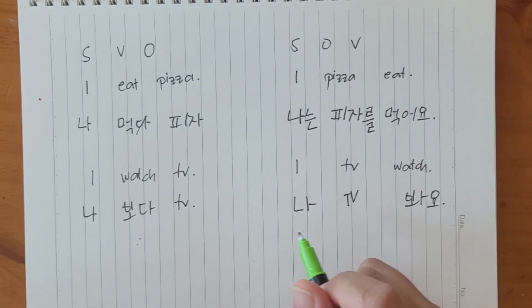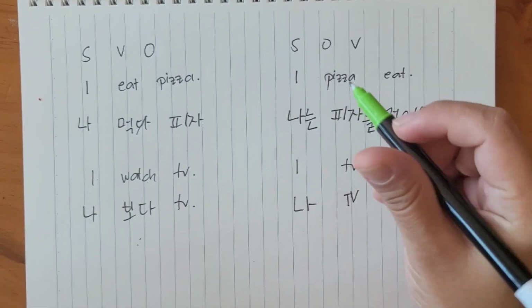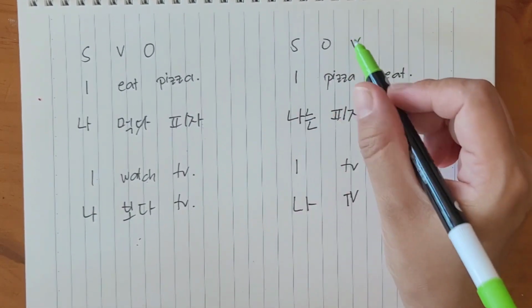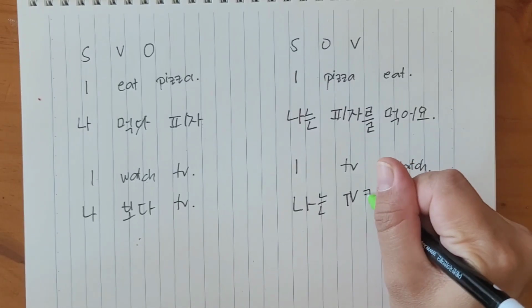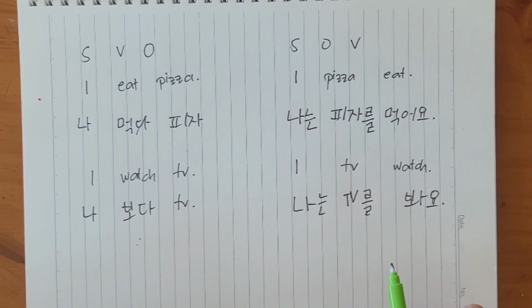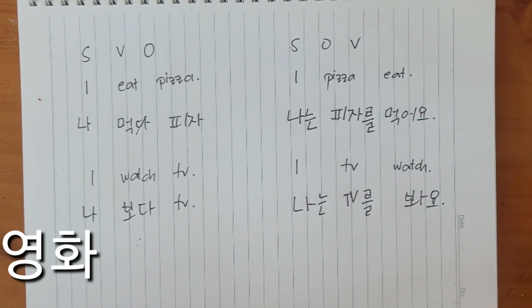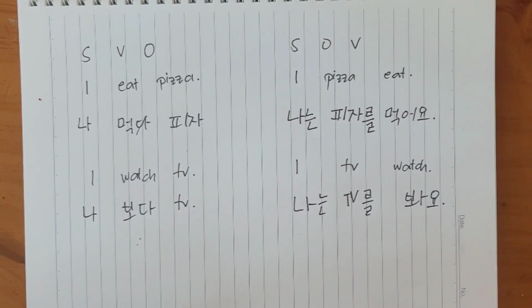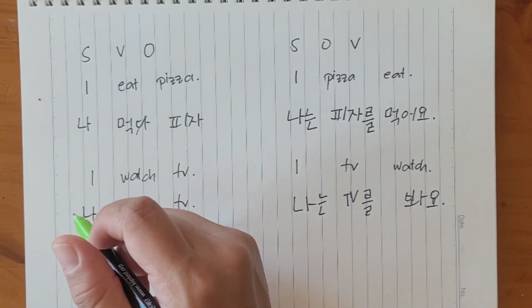And then, i-add natin yung subject marker and object marker: 나는 TV를 봐요. Or 나는 드라마를 봐요. 영화를 봐요. 영화 is movie. So, pwede din 나는 영화를 봐요.